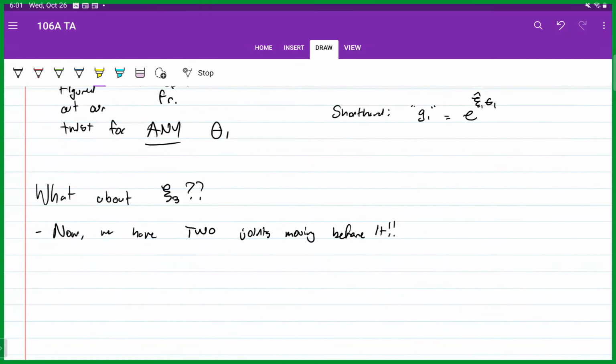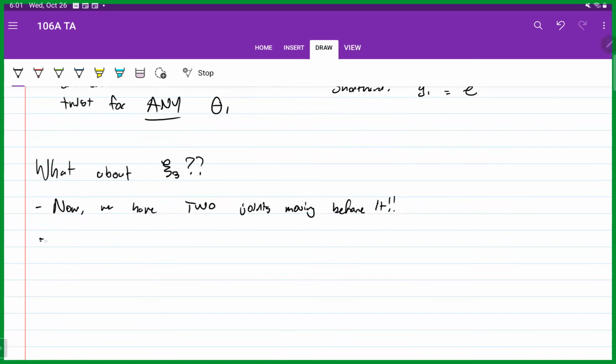Okay. So let's multiply not only by the adjoint of our first transformation, but by the adjoints of our first and second transformations. So it's going to be the adjoint this time of the transformation in our first joint, which I'll just call G1 for short, multiplied by the transformation of our second joint, called G2 for short.